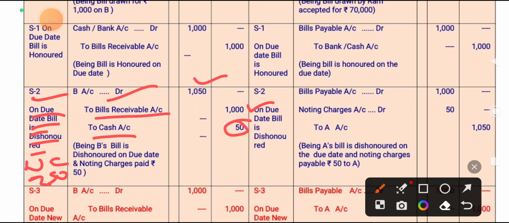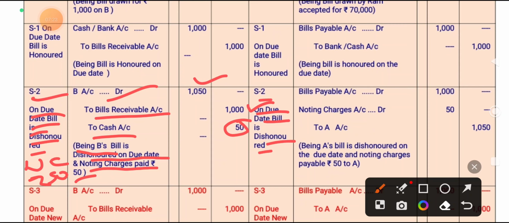So on the due date, if bill is dishonored and noting charges have been paid. Okay, see here narration: being B's bill is dishonored on the due date, noting charges rupees 50 paid. Same way in the books of drawee, for him noting charges will be expenditure. On the due date, bill is dishonored.